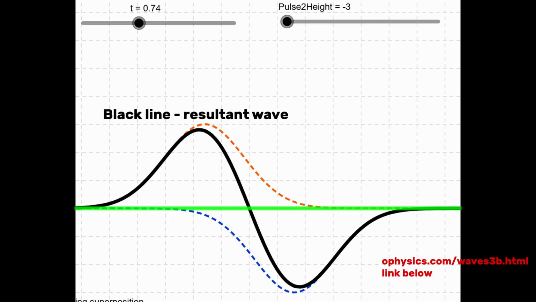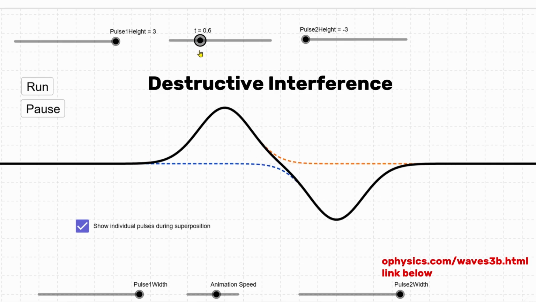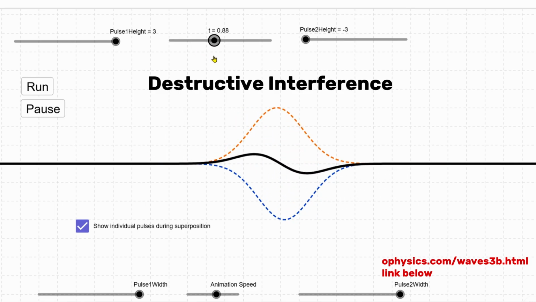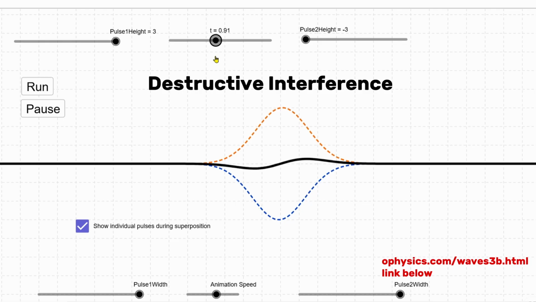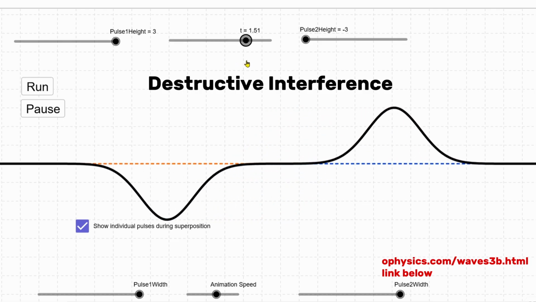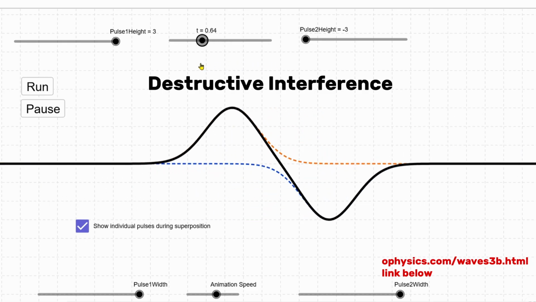This type of interference is called destructive interference. In other words, a superposition of two or more waves in which individual displacements on opposite sides of the equilibrium position are added together to form the resultant wave here.